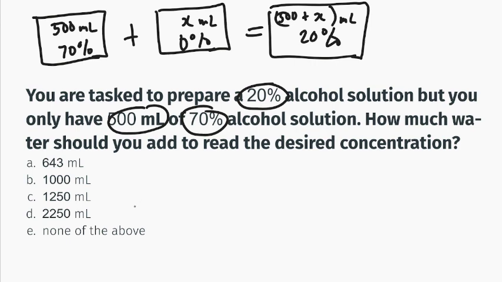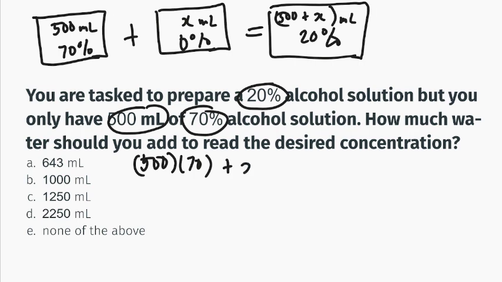So let's just solve this equation. So we multiply 500 by 70. So we can actually drop the percent since they all have the percent.